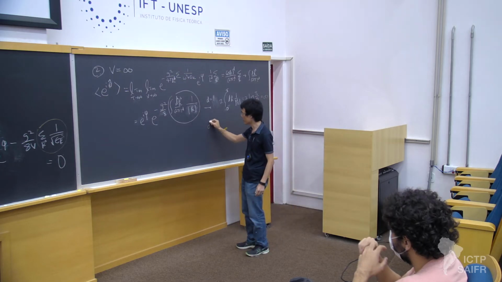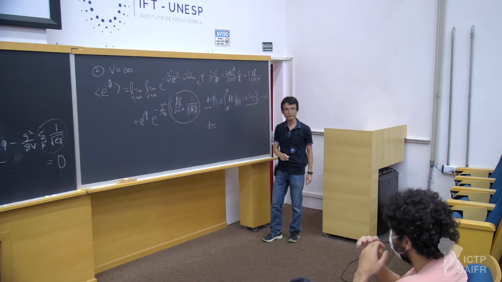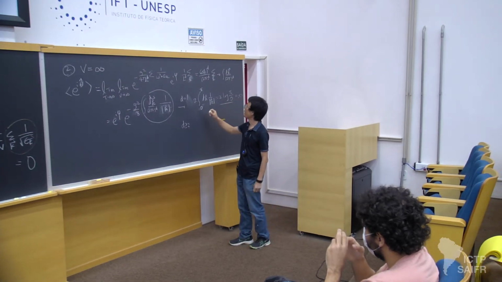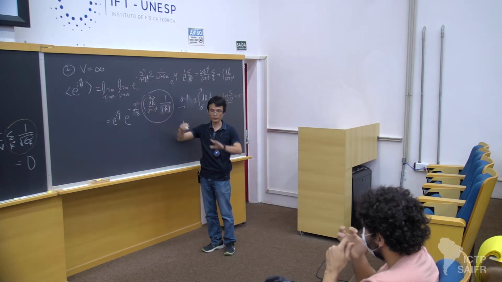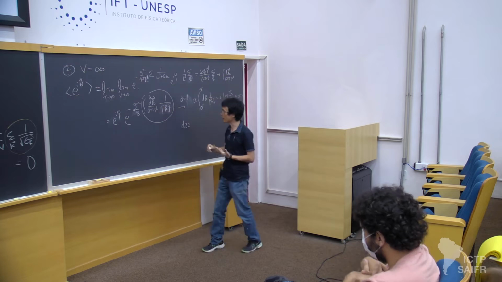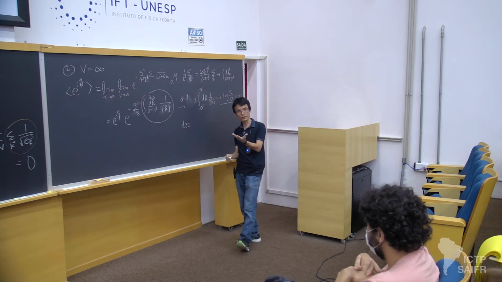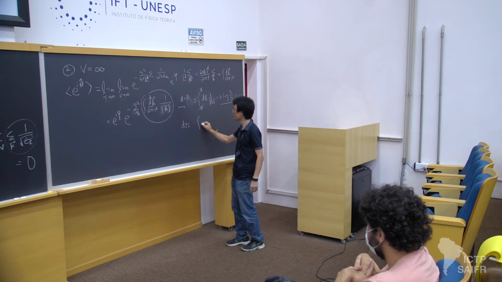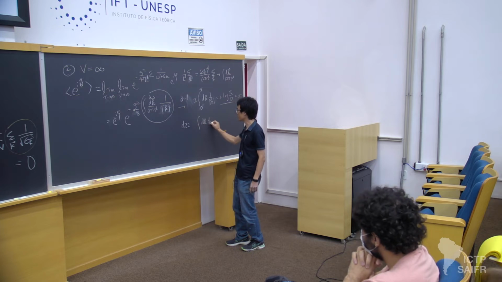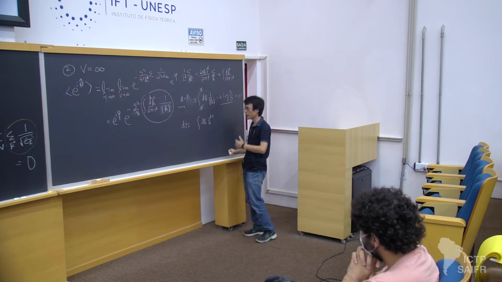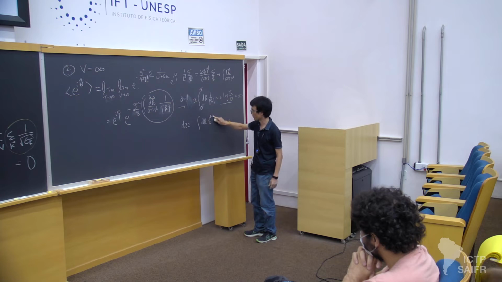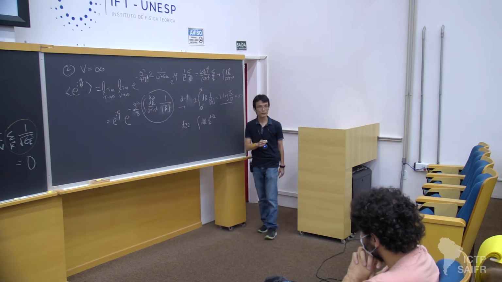However, how about in d greater than 1? In that case, where I have, say, 2 or 3 dimensional integration here, right? And then you can use the polar coordinate, and you do the angular integration first, and then radial integration boils down to dk, k to the d minus 1. This is the measure of the radial integration times 1 over k. So there's a d over 2, right?